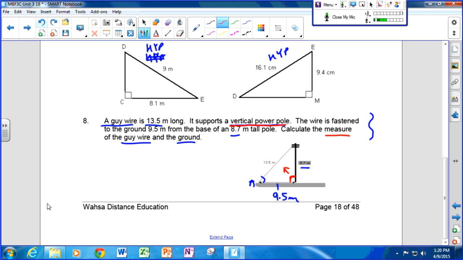In this case, we want angle A. And what do they say? So it's 9.5 meters, 13.5 is the hypotenuse, and we know that that's the length of the guy wire. Okay. And what else? 8.7. Yeah. So they've given you actually all 3 sides of this triangle.